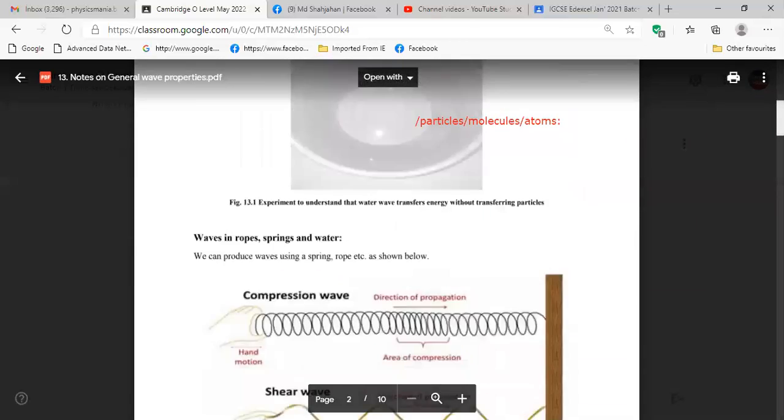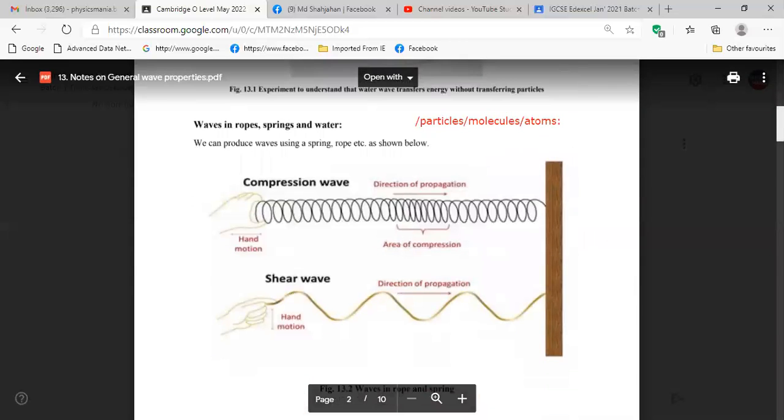Okay, now we are having some examples. I already told you how we can produce waves. We have two examples here. In the first example, the spring is fixed, and on the other side you are applying force to move it back or to take it towards the fixed point, right?